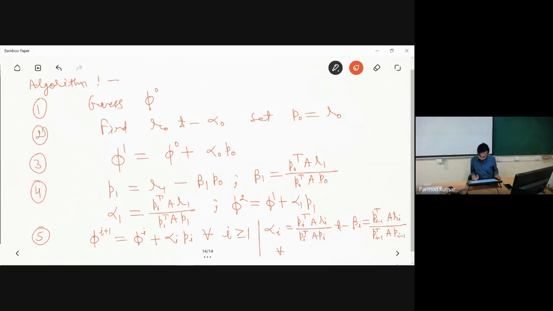Okay, and this all is applicable for I greater than or equal to 1, because for I equal to 0, our procedure will be similar to that of the steepest descent method.